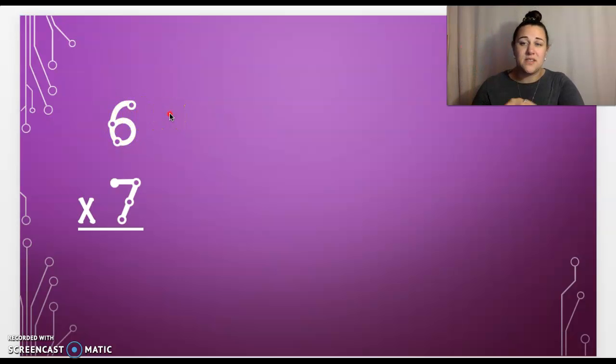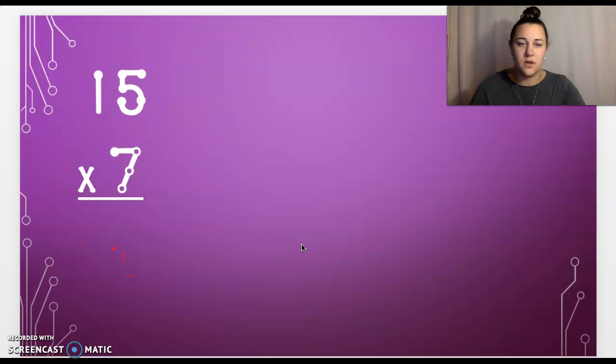So I have to skip count by 7 2 times on those touch points. So 7, 14, 21, 28, 35, 42. So 6 times 7 still equals 42. Awesome job. Let's go to the next one.